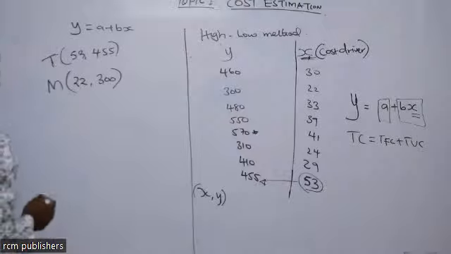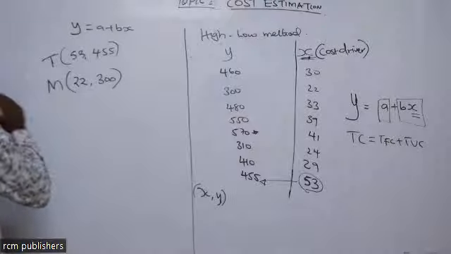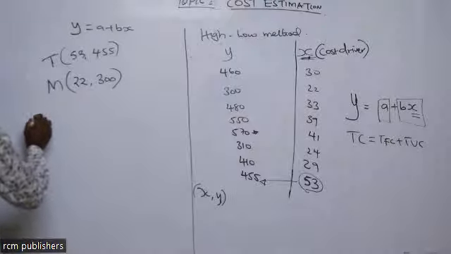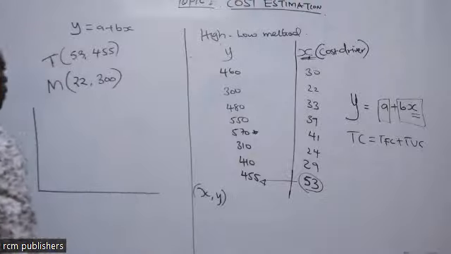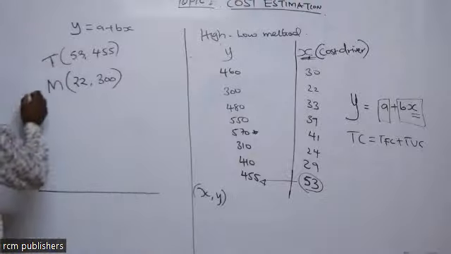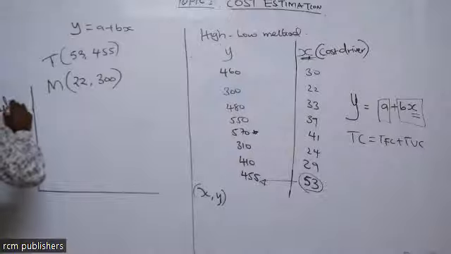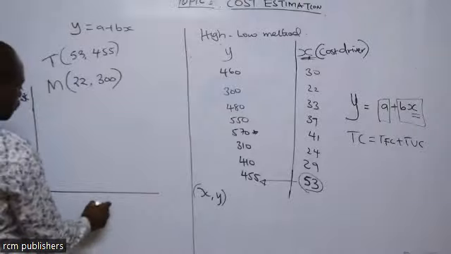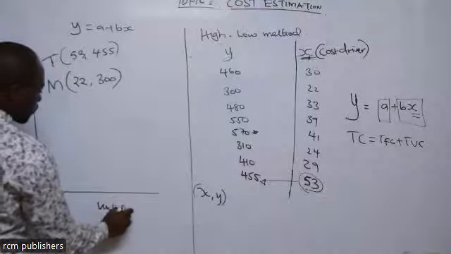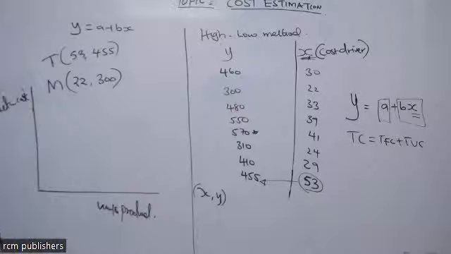So this is what normally happens. You can be having a graph or a chart here. Here we have the production cost, then here we have units produced. Then you do your plotting.